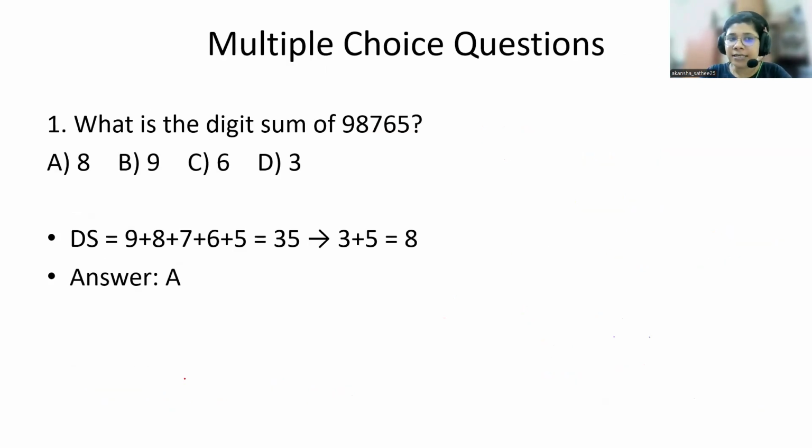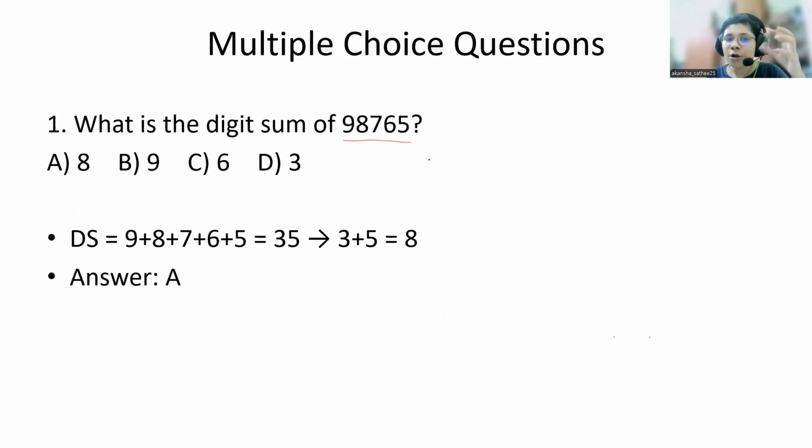Now we will see certain examples. All the concepts are clear, so we are ready to apply them to questions. Let's consider the first question. What is the digit sum of this big number? How will you compute it? Again, you have two choices. One is you add the digits.